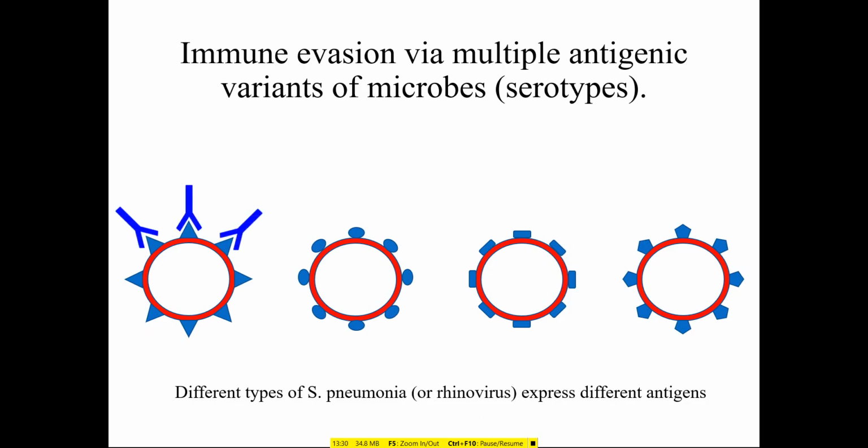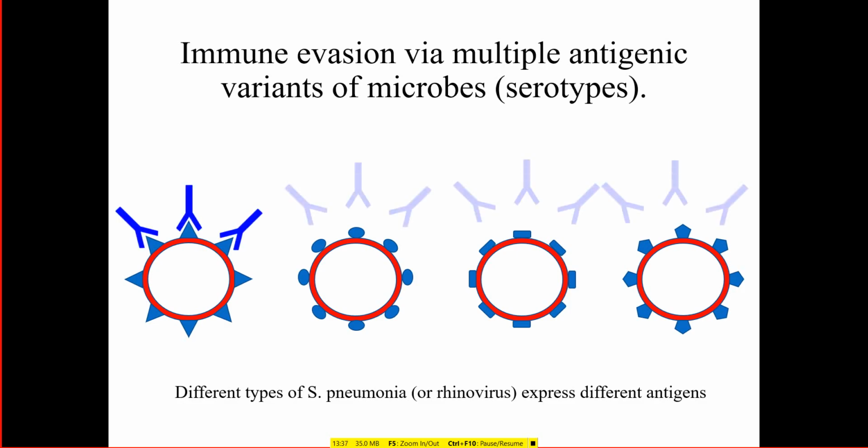And when you get infected with one of them, antibodies are produced. But those antibodies are not going to be able to bind to other subtypes of the same species. So you get the disease with subspecies number one or strain number one, and you develop antibodies against it, but those antibodies are not efficient against the rest of the subspecies or strains. So that's the way that they work.